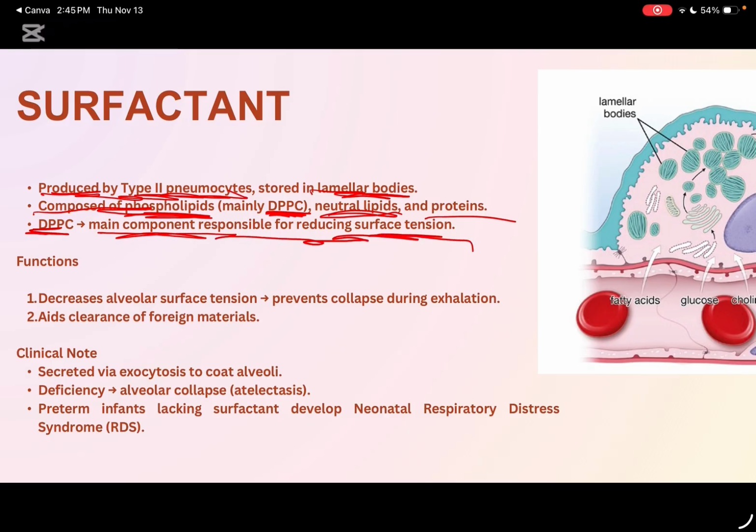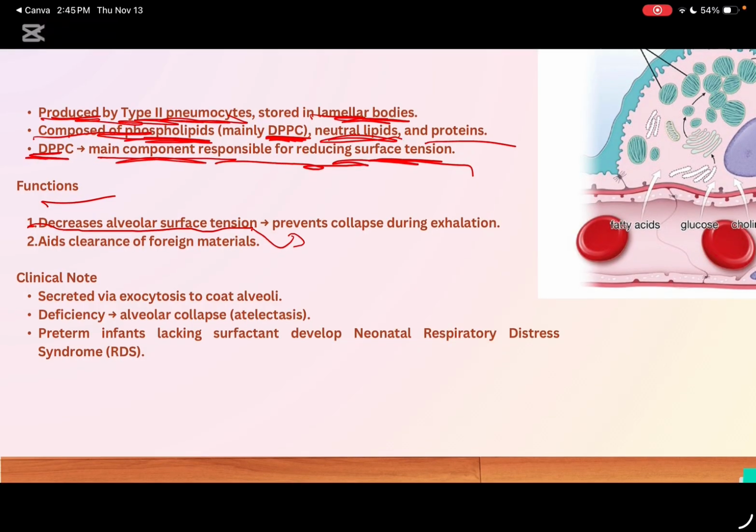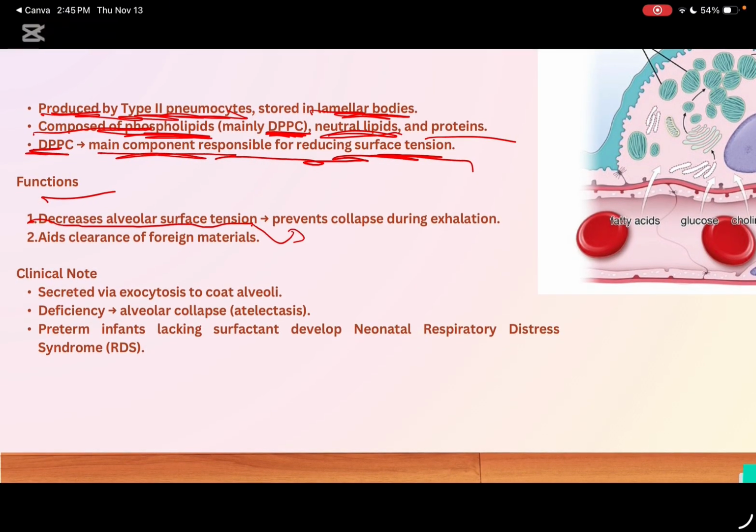Its functions: decreases alveolar surface tension, and by decreasing surface tension, of course, that will prevent collapse. Another function, aids clearance of foreign materials. Of course, there are macrophages. It just makes sense. A clinical note you guys have to keep in mind: it is secreted by exocytosis to coat alveoli.